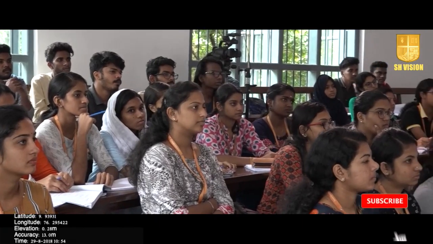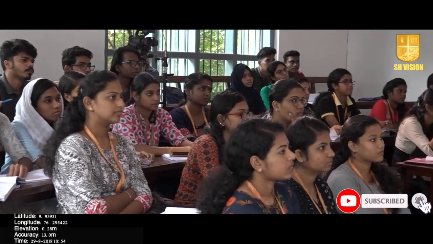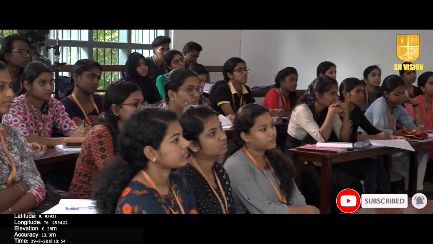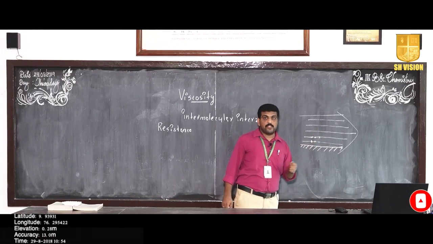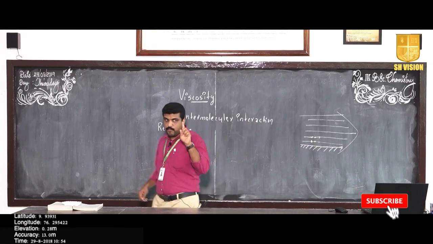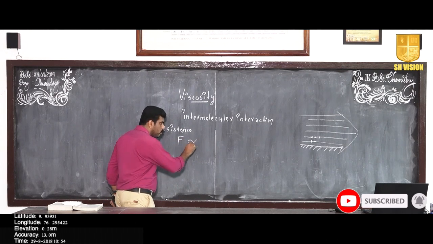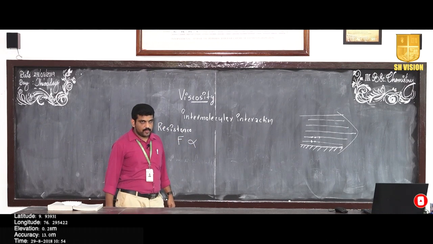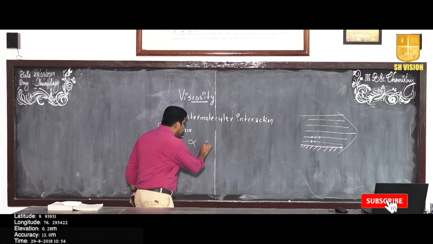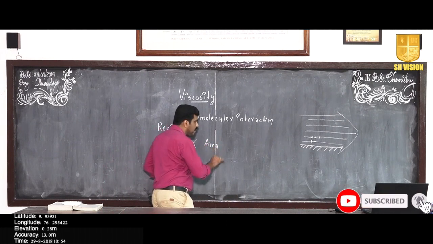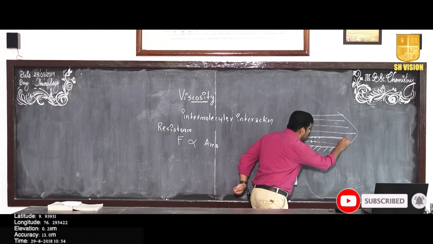So the resistance offered to the flow, or the viscosity, has a viscous force associated with it, and that viscous force is proportional to two parameters. One, the area of contact between these two layers.